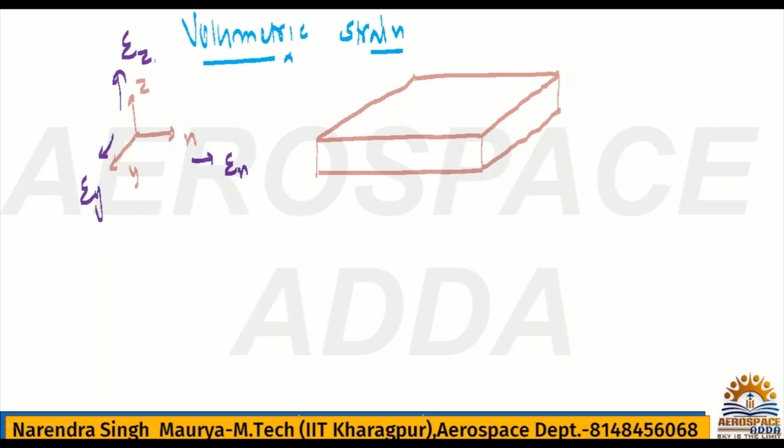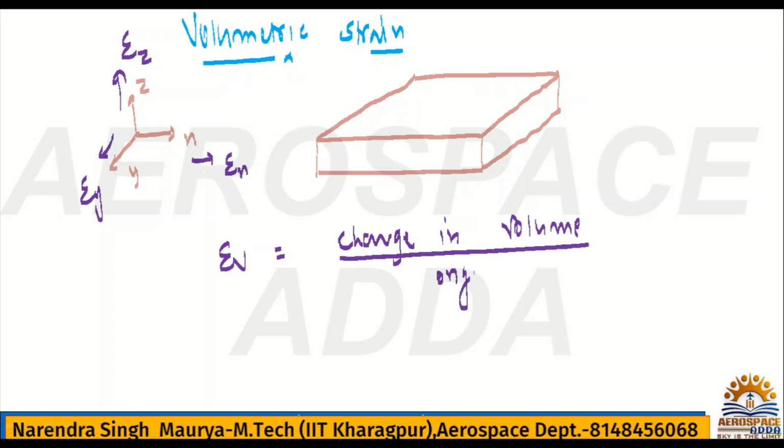So if you calculate the volumetric strain, basically the ratio of change in volume to original volume is called volumetric strain. So epsilon v is nothing but change in volume by original volume.